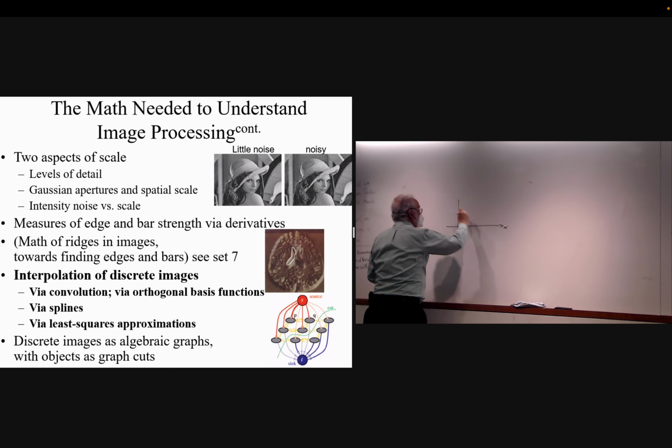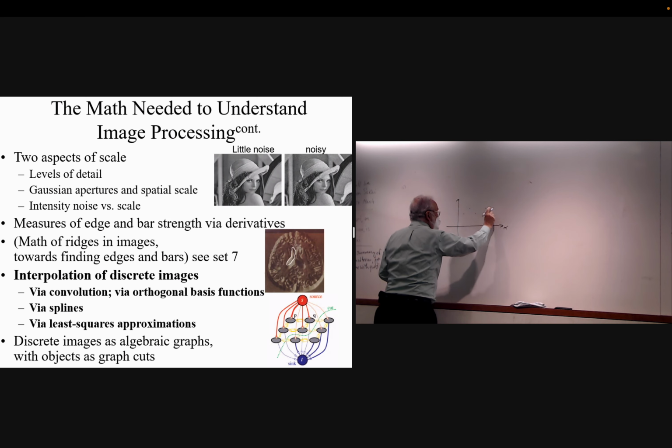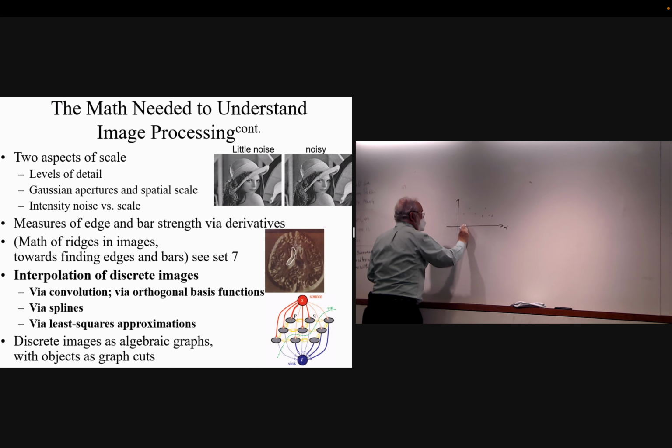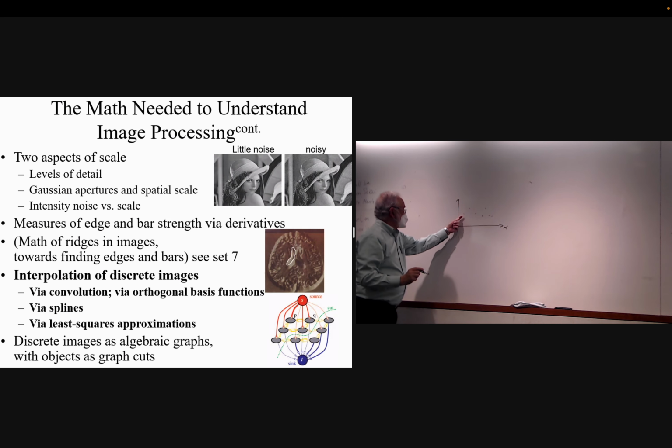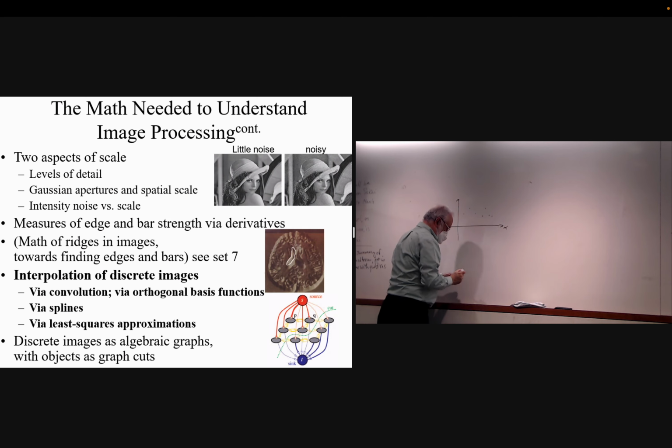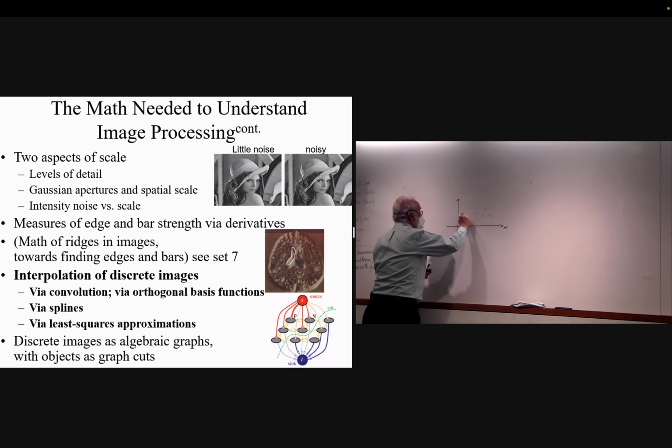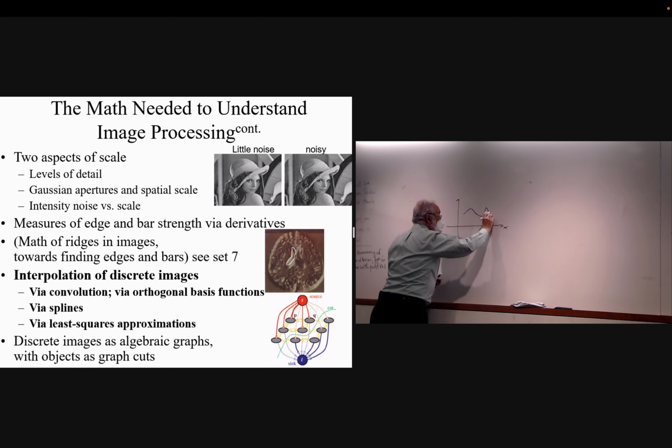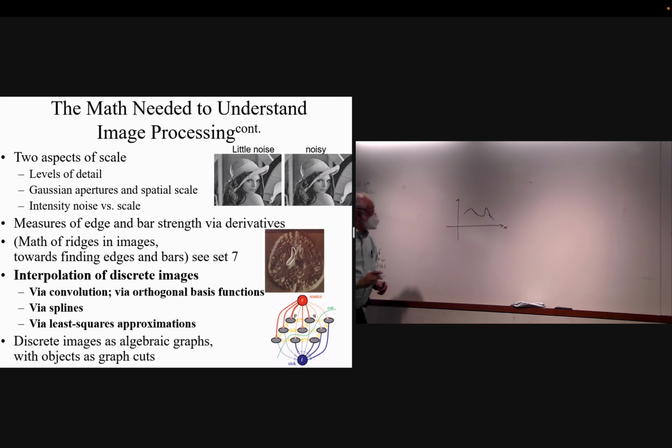So in one dimension, if we have points here, and we need a function that we're going to evaluate at any x that we want, if we're doing interpolation, we want some sort of a continuous function that passes through the actual points.